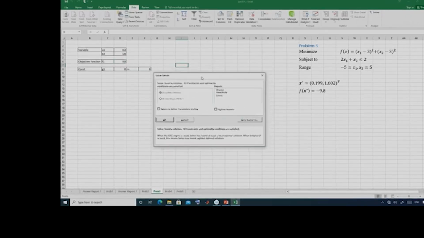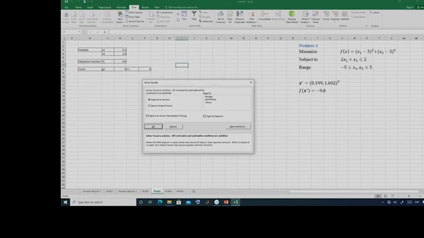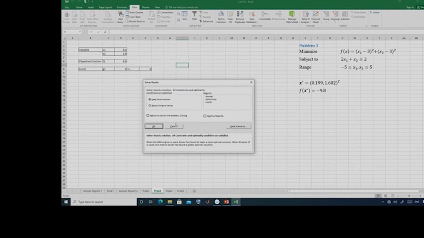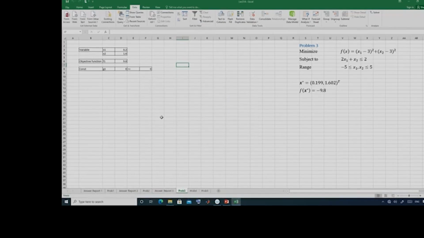Yeah, I am getting the solution. You can see the report, solution is 0.2 and 1.6, and this is 9.8. You go to answer and just see, this is actually plus 9.8.